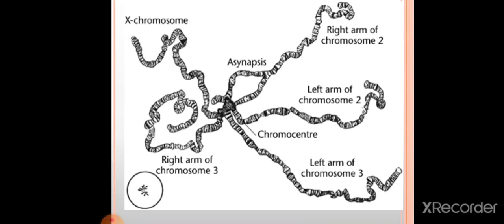Similarly, 3L means the left arm of the third chromosome, and 3R means the right arm of the third chromosome. The centromeres of all these chromosomes fuse to form the chromocenter. So in the male flies, the Y chromosome is also found fused within the chromocenter and is therefore not seen as a separate strand.